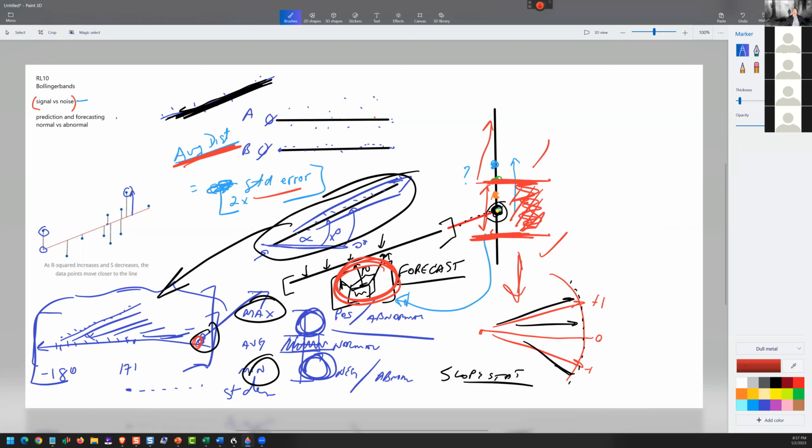Now, I want you to notice that what this lets us do is take some array of price on the day when price is open, and if we know what that standard forecasted price is, we can start from that point and go outward and decide at what point it becomes signal and when it is noise. Now this works kind of in the same way that Bollinger Bands do, with the following caveat.